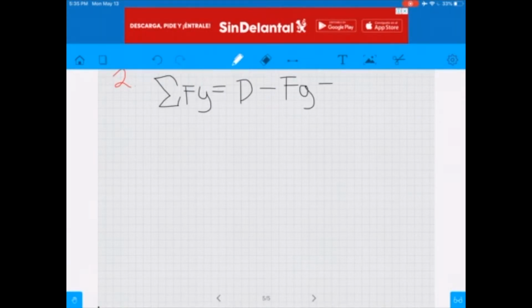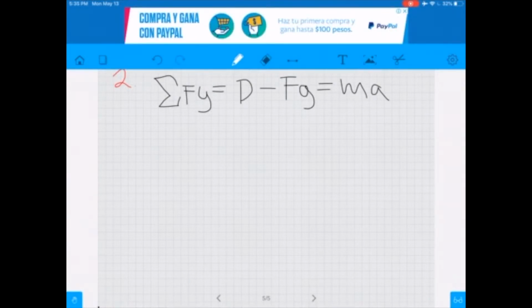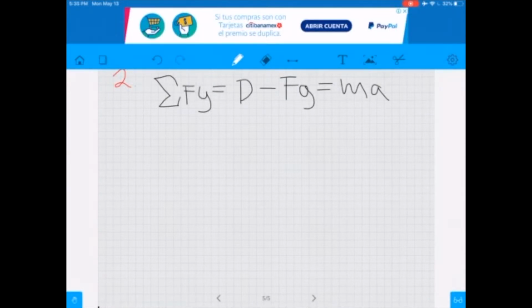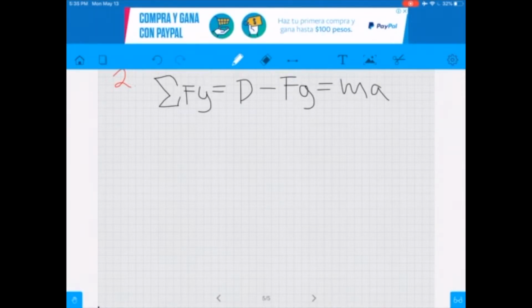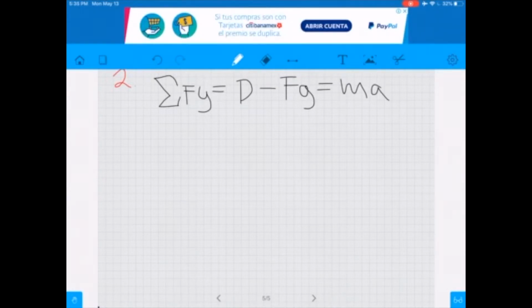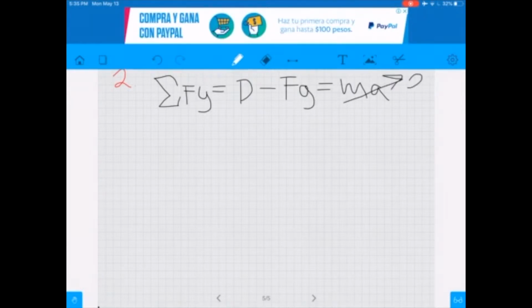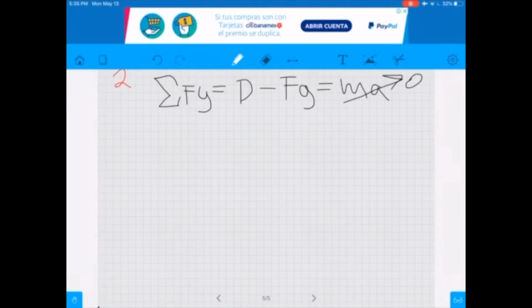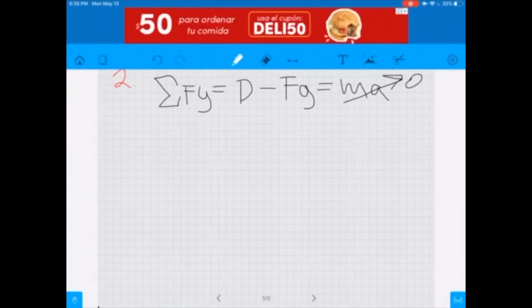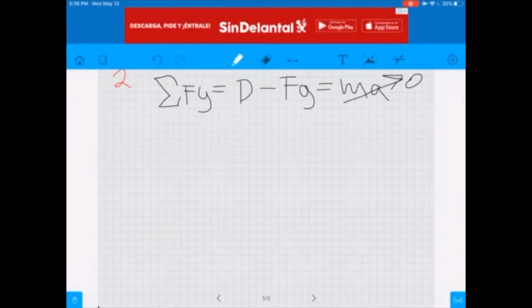Okay, this is equal to mass times acceleration. Now, since we want to find the terminal velocity, mass times acceleration will be equal to 0, because once we reach the terminal velocity, there will be no more acceleration. It'll be a constant velocity.